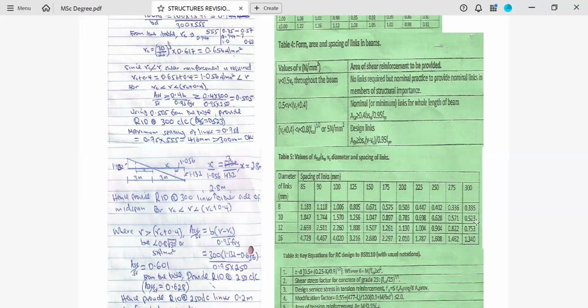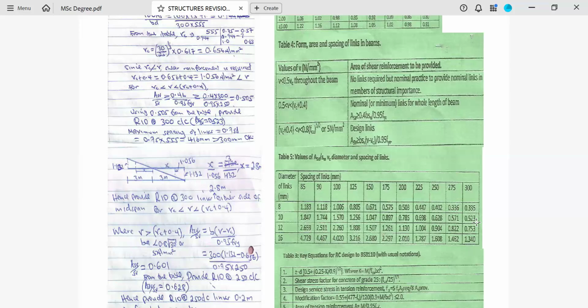In simple terms, the smaller triangle has a measure x, I divide by its height, 1.056, which is the same as 3, the measure of the larger triangle, divided by 1.132, which is the other measure of the larger triangle. So this gives me 2.8.